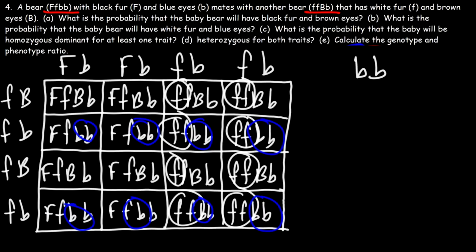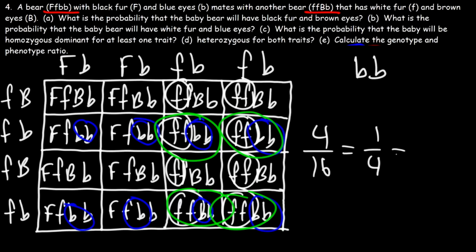So the bears that have both white fur and blue eyes is 1, 2, 3, 4. So once again, it's 4 out of 16, which is 1/4. And so the probability is 25%. Now let's move on to part C.